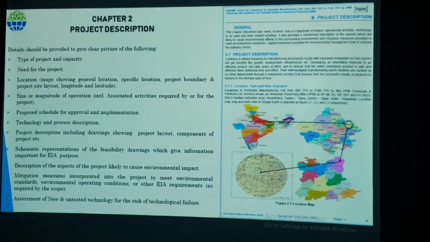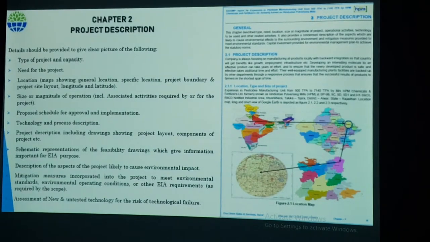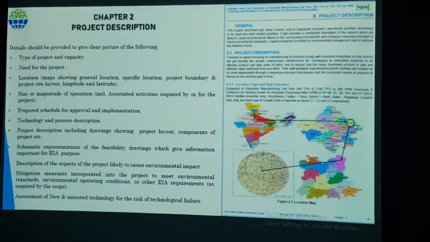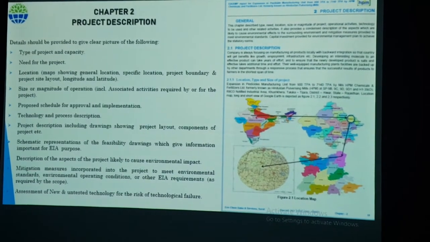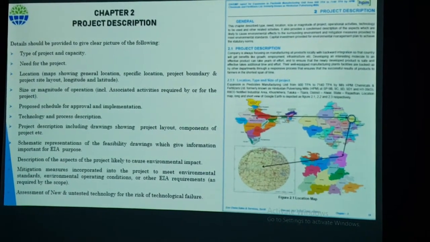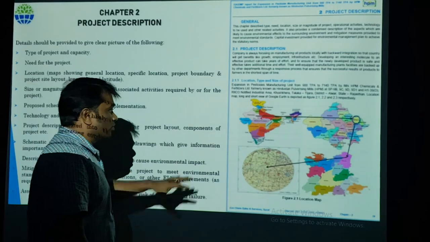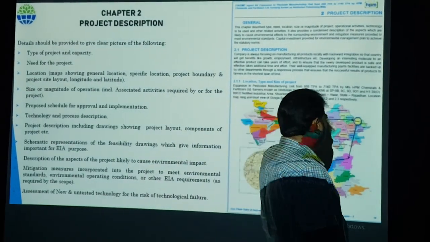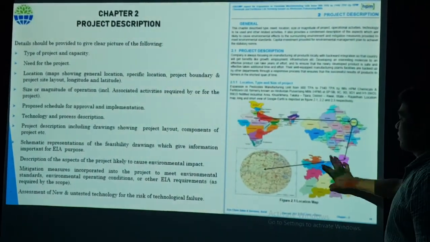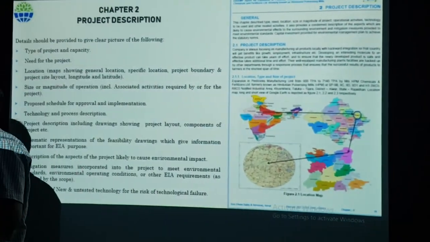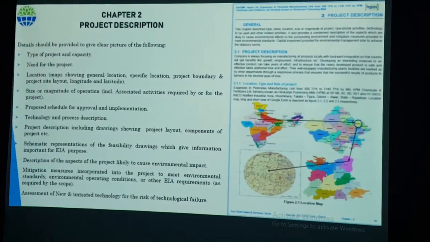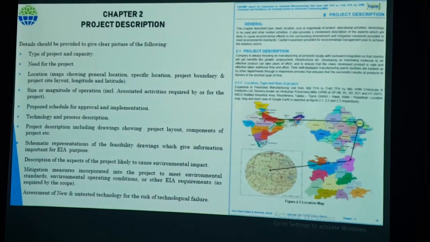And now chapter 2. It should have the type of project and its capacity, in terms of project description. So location, where the location map should have all 4 attributes: one India, then the state, then the district map, and finally the toposheet map, or simply we can say a Google image of that area, 10 km or 5 km.